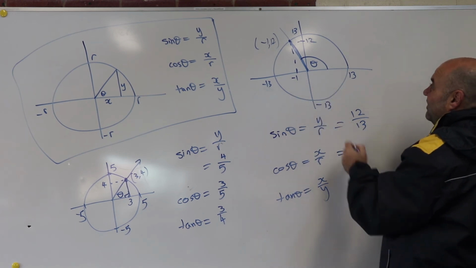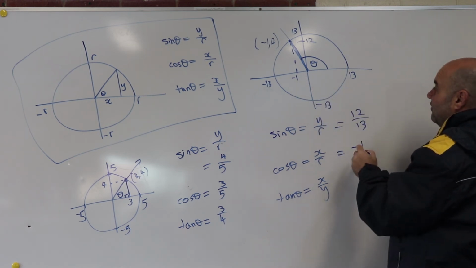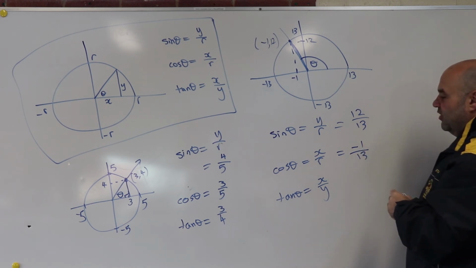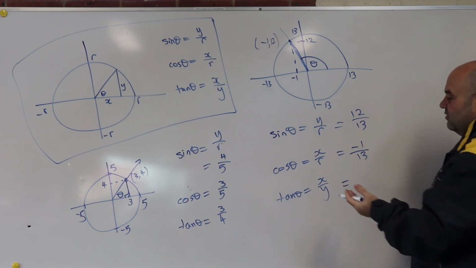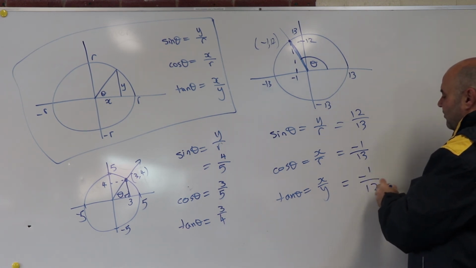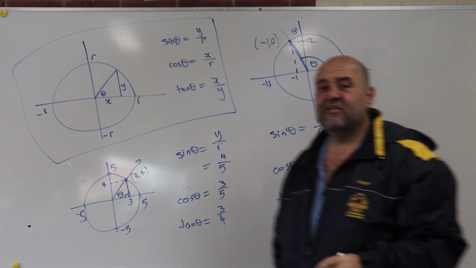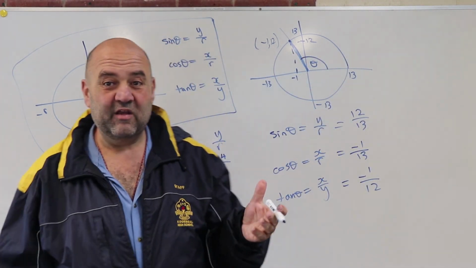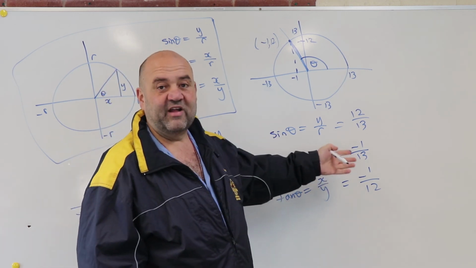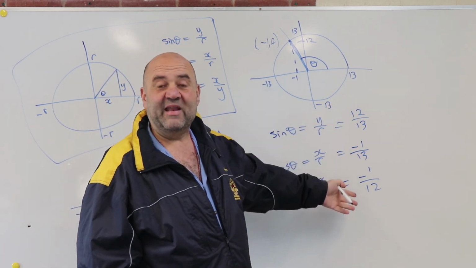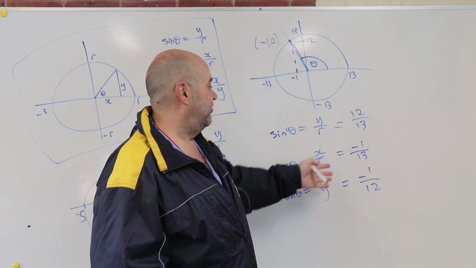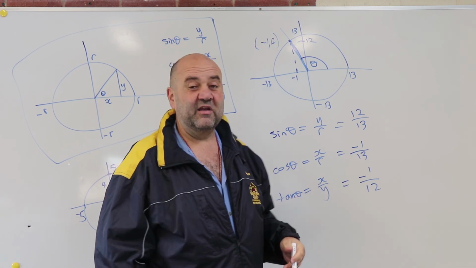Well, my x value is negative 1, over my radius is 13, so it's negative 1 on 13. Tan is y over x, well that's 12 over negative 1, which is negative 12. Okay, so this has introduced a new idea because now some of our results are positive and some are negative. Sine theta here was positive, cos theta was negative, tan theta was negative.